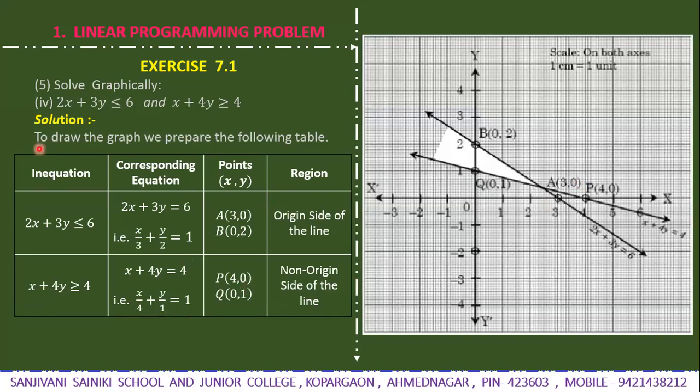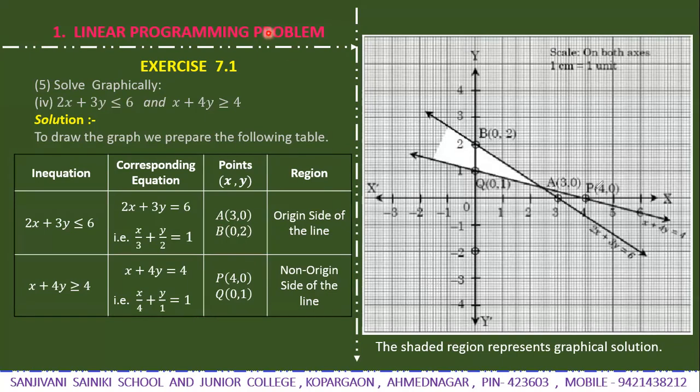This is the fourth example from exercise 7.1. Just go ahead. Inequation, corresponding equation, double intercept form, write the points on the axis: A (3, 0), B (0, 2). So just plot them.